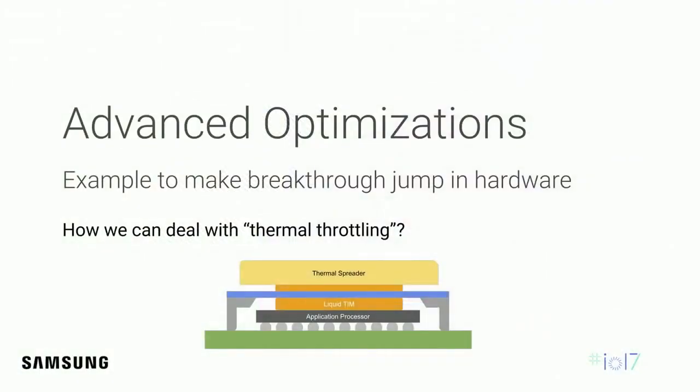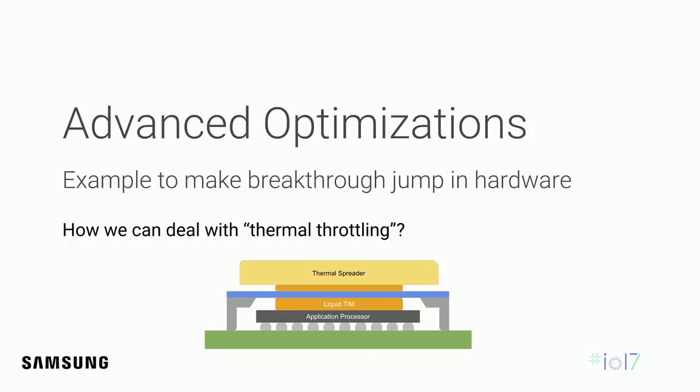I want to show one simple example from the hardware side, because we're a phone maker. Thermal throttling is one of the critical problems for a phone maker like us. Samsung has a good structure for managing thermal from the AP chipset, but it was stuck at a certain level.